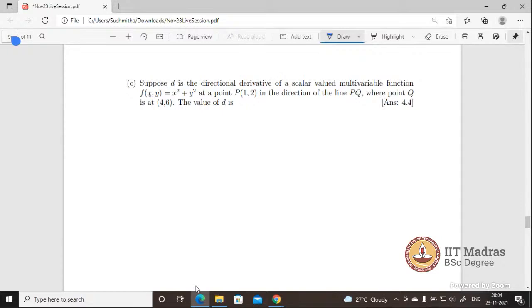The directional derivative of this function at this point in the direction of the line PQ, where P is 1 comma 2 and Q is 4 comma 6. How will we find the direction PQ?